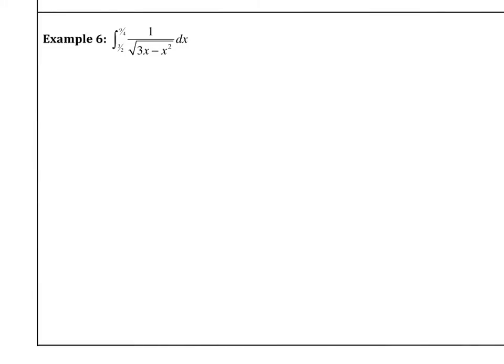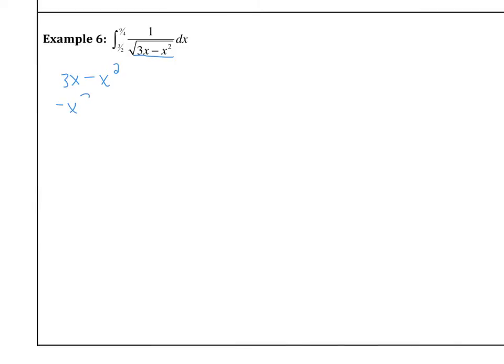All right, so let's focus on just the stuff under the radical here. So 3x minus x squared. Things to remember about completing the square: we need to be in the right order, in descending powers of x. So really, we need negative x squared plus 3x.